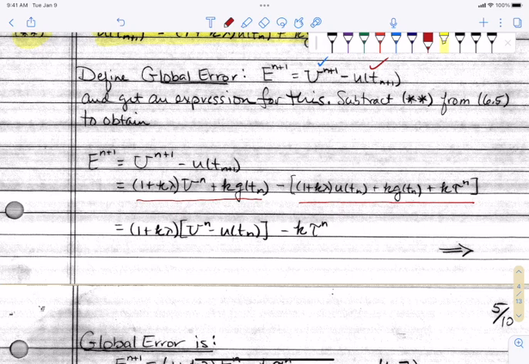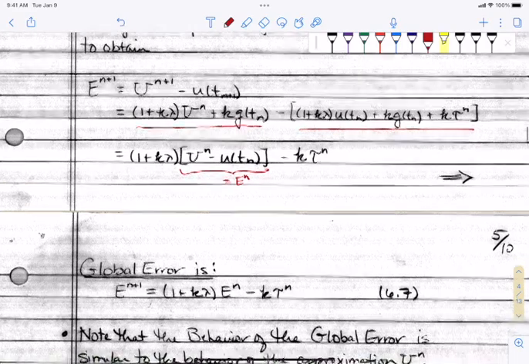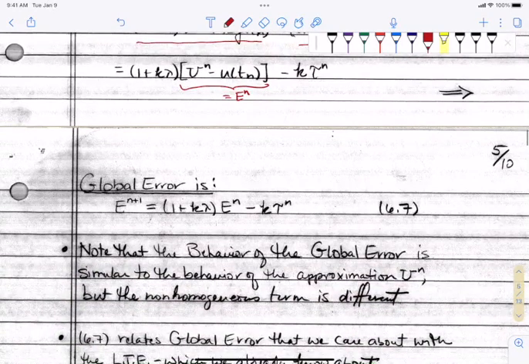In particular, I see this 1 plus k lambda that's common to both Un and u at Tn. Keep in mind those two things are different. One is an approximation of the other. Let's recognize that this is simply the error at the nth time step. So now I have an expression for global error at the n plus first time step in terms of the global error at the nth time step minus a little bit of change here, which is my local truncation error multiplied by k.